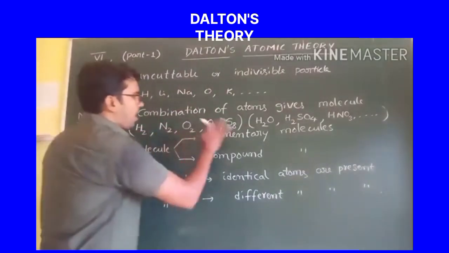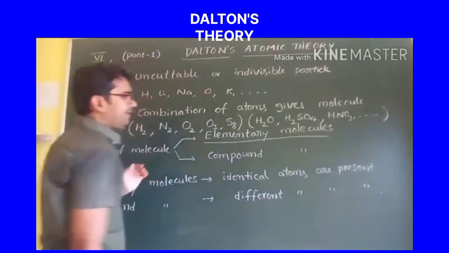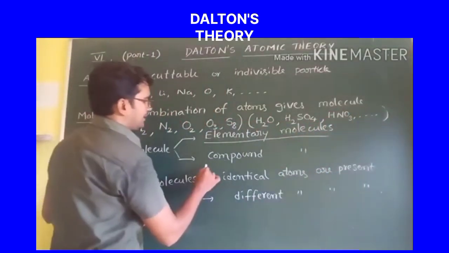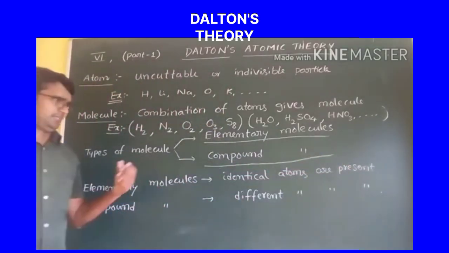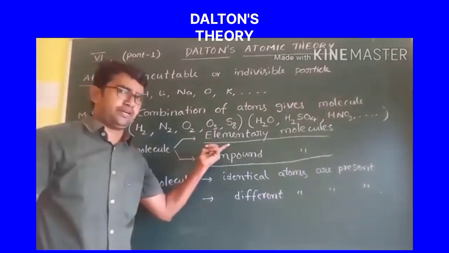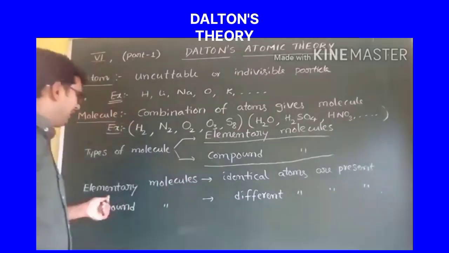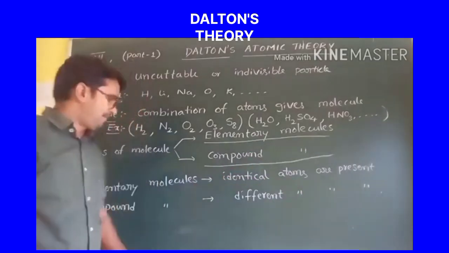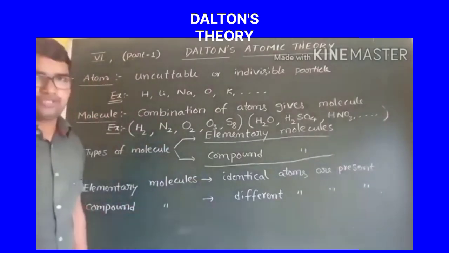So these are all called elementary molecules. This type of molecules are called compound molecules. What are these two types of molecules? Molecules are classified into two types: elementary molecules and compound molecules. Elementary molecules contain identical atoms, but compound molecules contain different atoms.